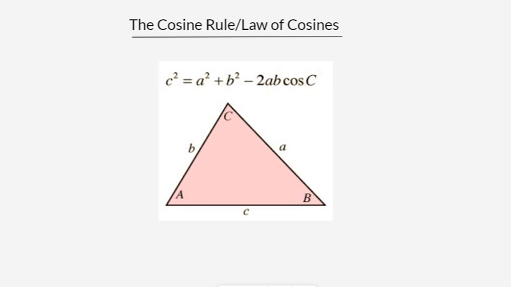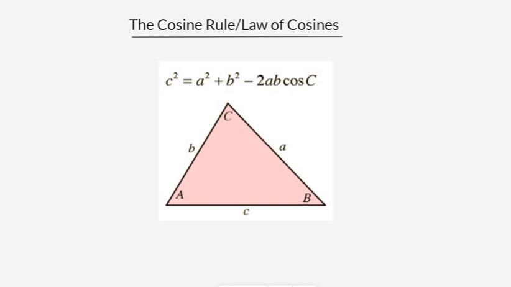So the basic idea is that if you have a triangle ABC and you label the sides also by small letters, small a, small b, and small c.